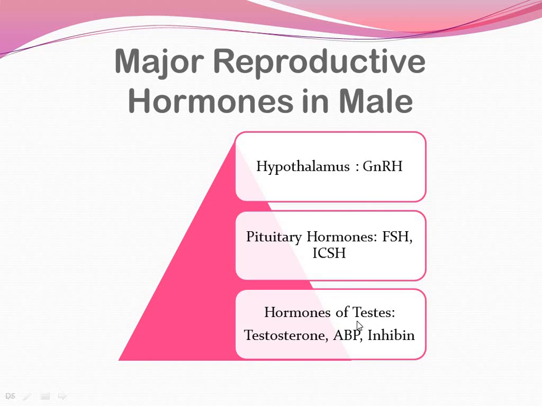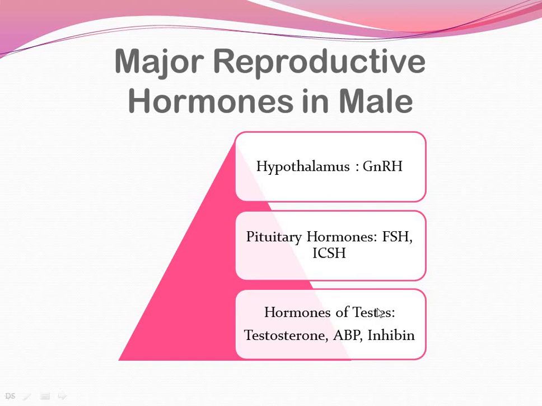So once released, these two will act on the gonads, and you know that the gonad in the case of male is the testis. This is the plural, that's why I have mentioned it as testes. If it is singular, you will write it as testis. You will get alternate spelling in my presentation, so just remember that this is a plural. Okay, fine.